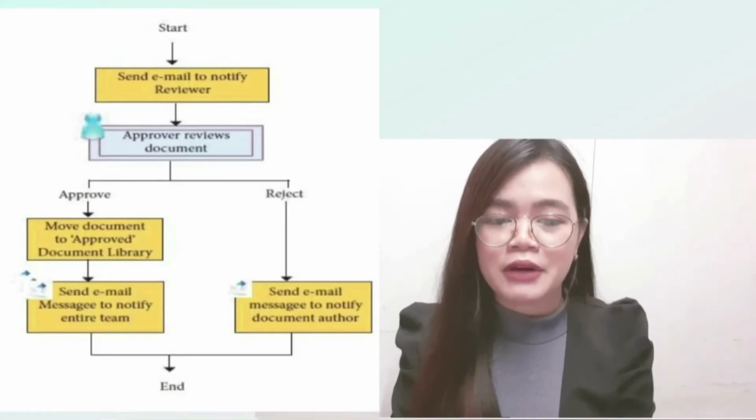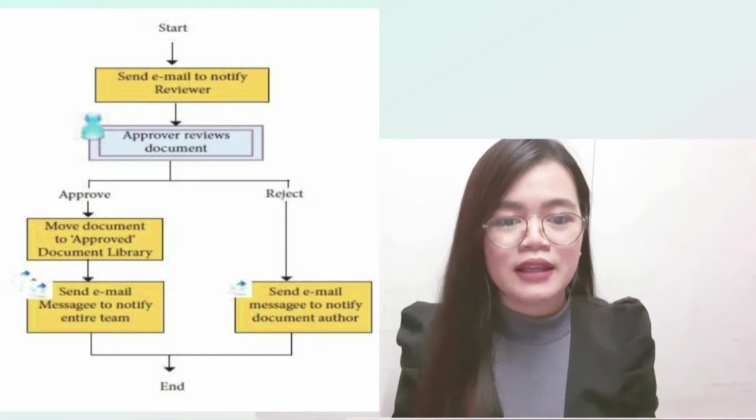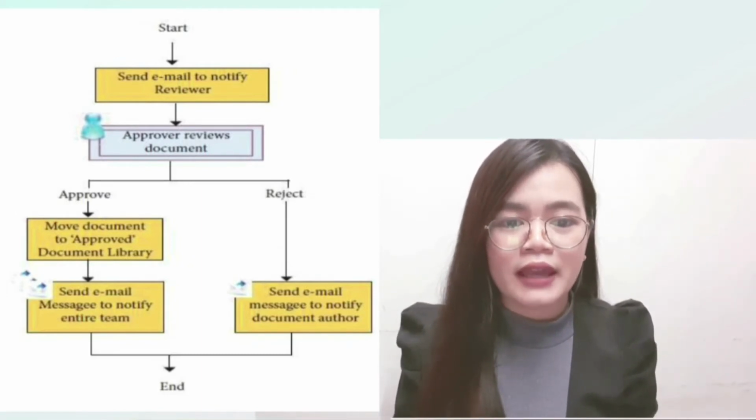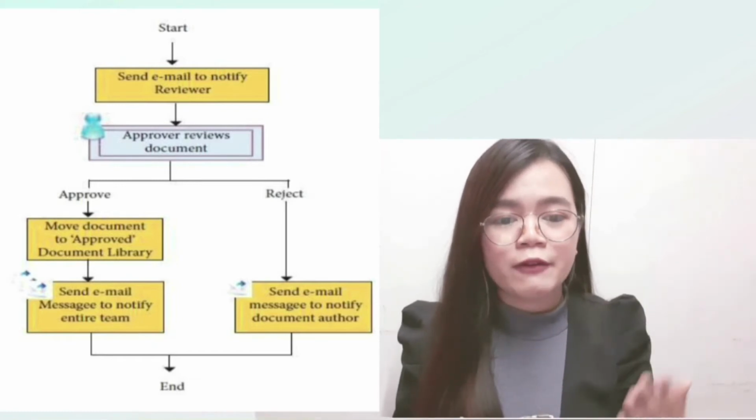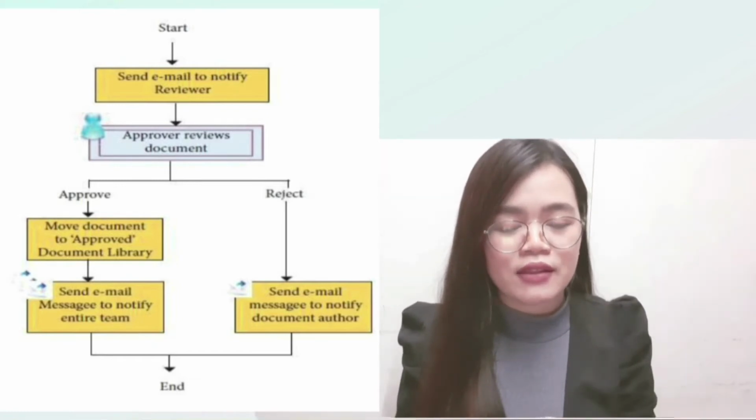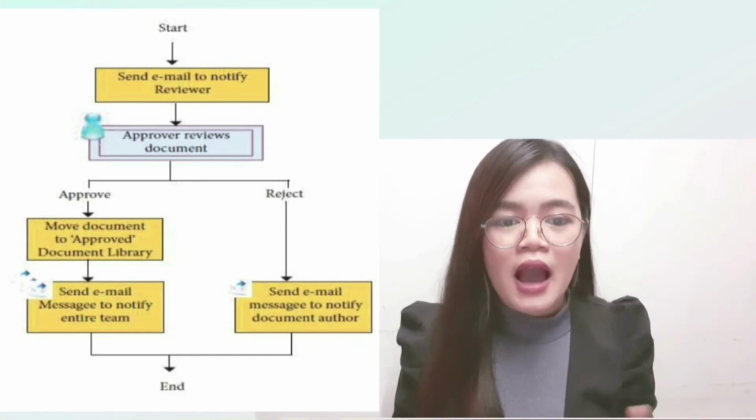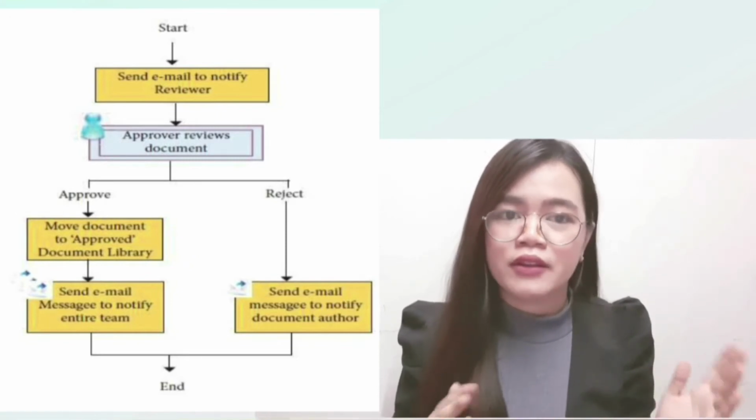In the chart, lines are drawn to indicate the movement of office forms and documents from operation to operation. So, this is an example of the chart. As you can see, the first step is to send an email to notify reviewers. After the first step, it leads to the second step, which is the approver reviews the document.